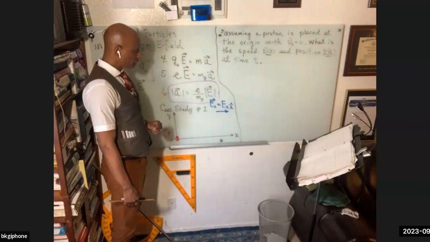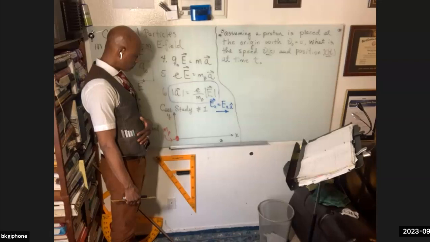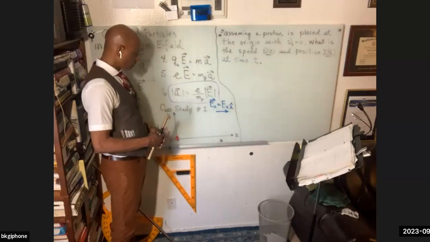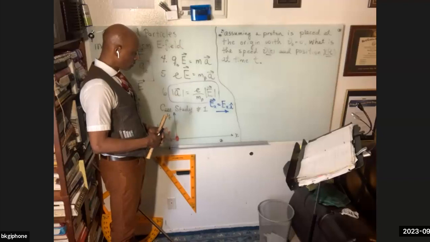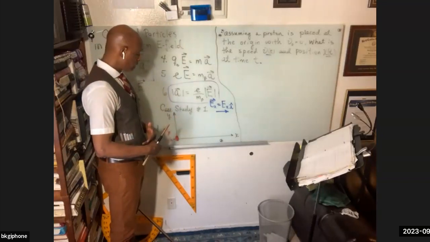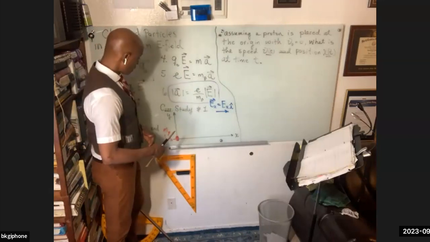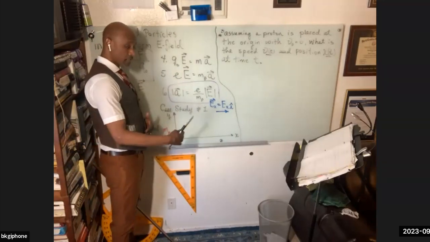So whatever is setting up this field is the direction from which the field is pointing. There are positive charges there, so you can think of it in terms of the properties of charge, that like charge repels.